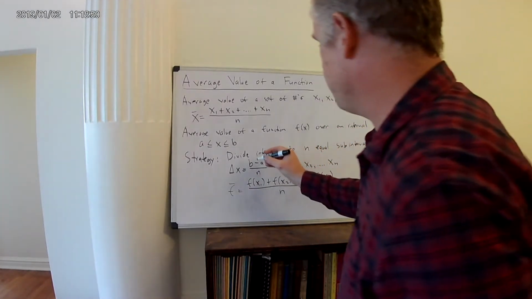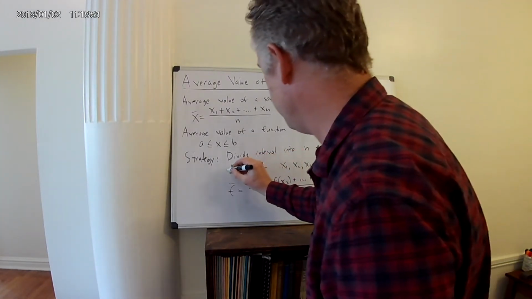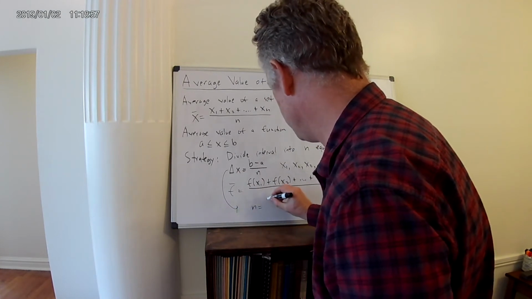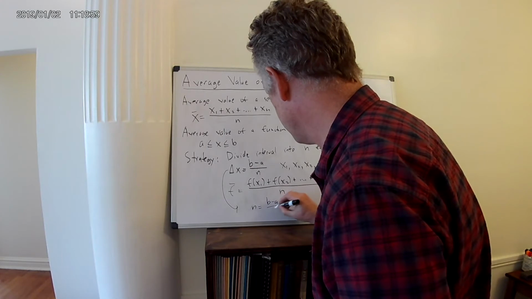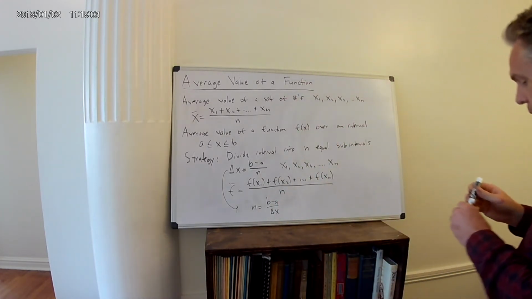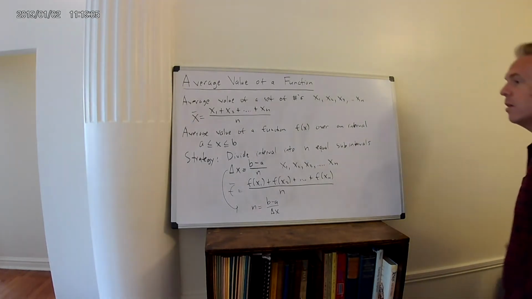Now if I solve the width formula for n, this means that n is equal to b minus a over delta x. I'm going to plug this into the average formula, so let me erase what's upstairs real quickly.